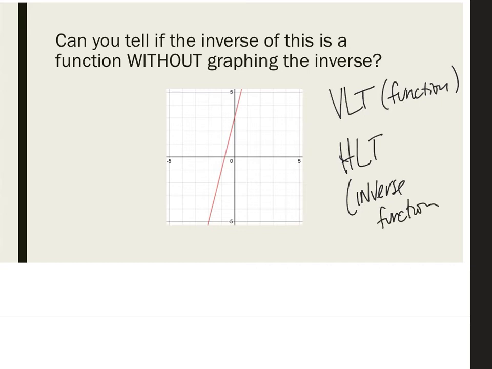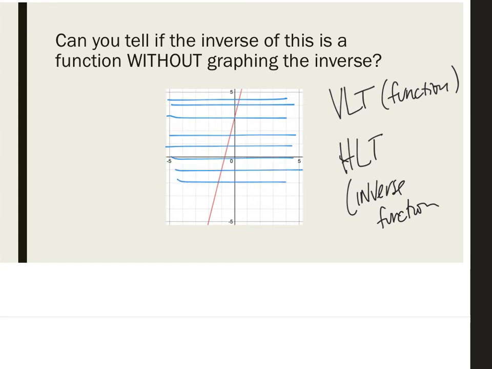Like before, if I draw horizontal lines and it only touches the graph once, no matter where I draw a horizontal line, that means that the inverse is a function.